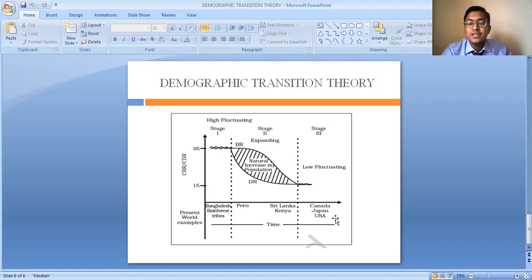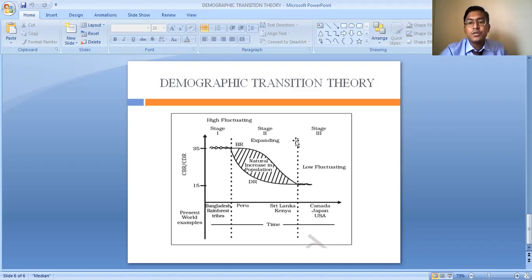Now, in which stage is India? You may have this question. Some geographers consider that India has reached the third stage of demographic transition. But many population geographers consider that India is in the transition phase between the second and the third stage, in the middle between the two.